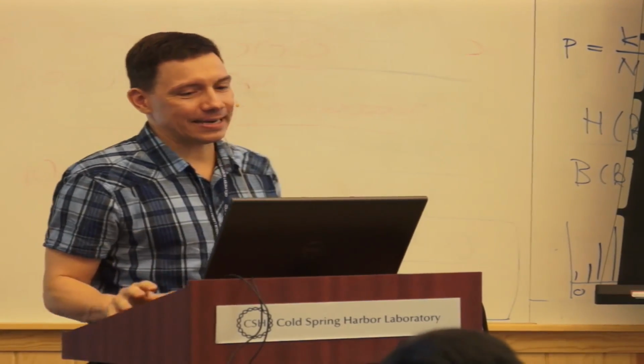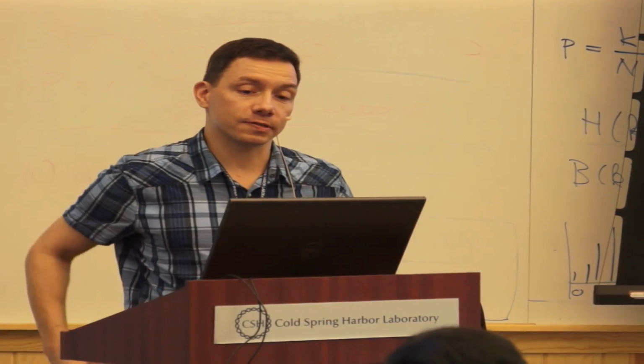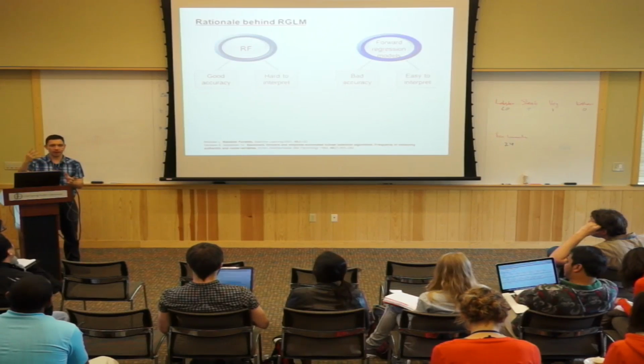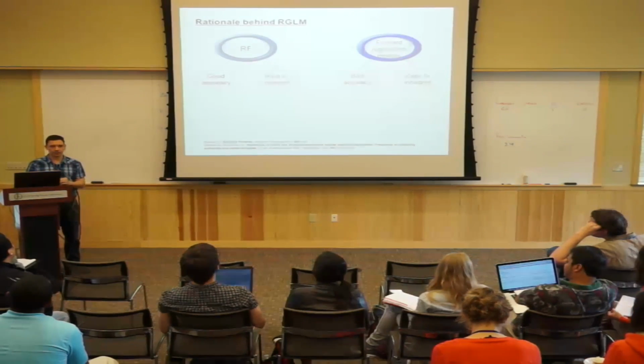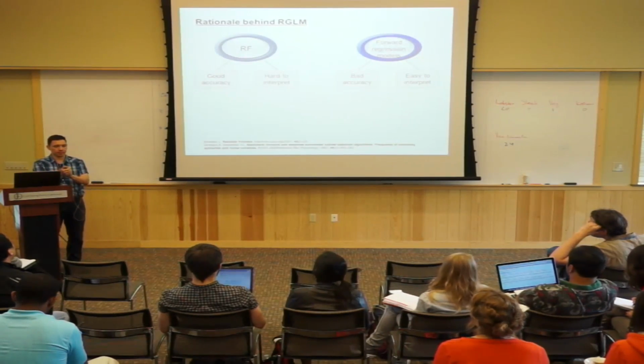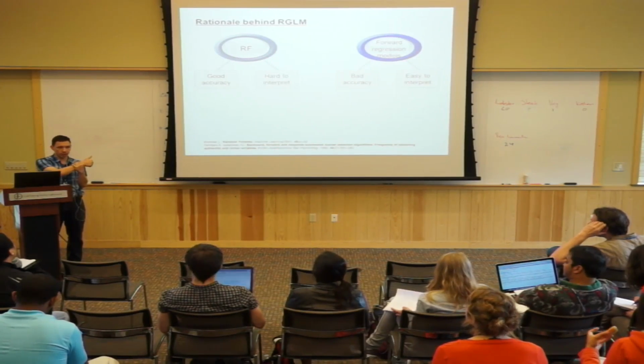Now, let's contrast that to something that epidemiologists love to do, forward variable selection. Let's say you have a logistic regression model or a linear regression model. You may be familiar with stepwise variable selection. You would, for example, start out selecting the one gene that shows the strongest relationship to your outcome.